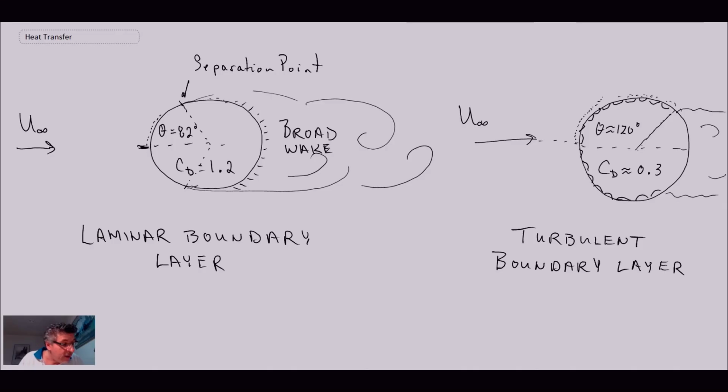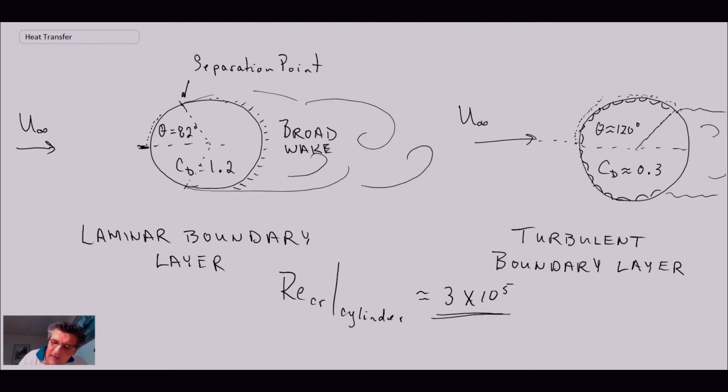Okay, so where does that transition take place? The critical Reynolds number for a cylinder is about 3 times 10 to the 5, and that would be Reynolds number based on diameter, I would assume. Yeah, it must be.